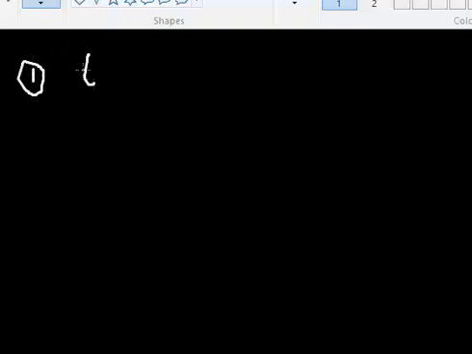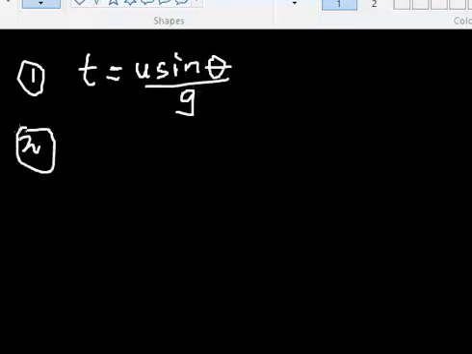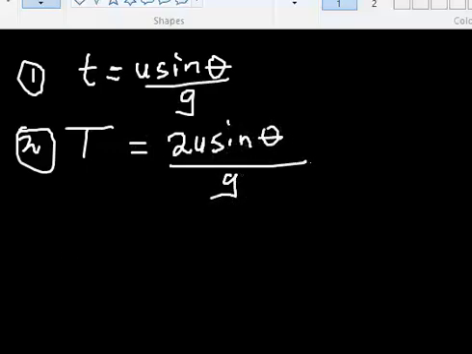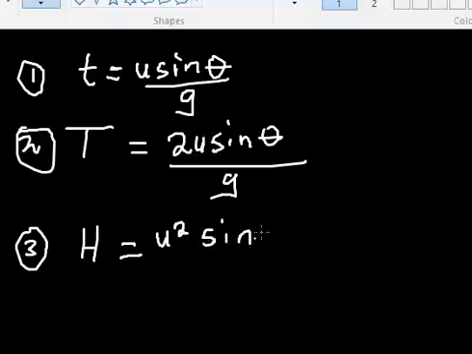Number one is the time to reach the maximum height, which is simply U sine theta over G. Number two is the time of flight, which is 2 times U sine theta all over G. Number three, the maximum height attained, which of course is given as U squared sine squared theta, divided by 2G.